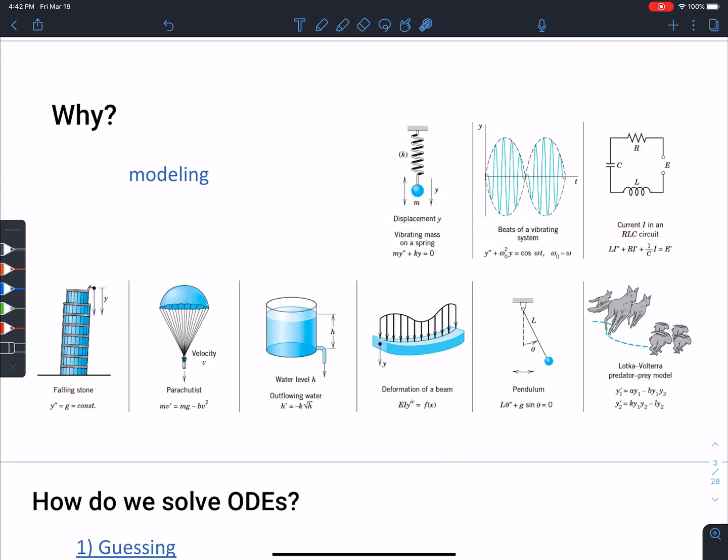And here I have several examples of physical systems that can be modeled by ordinary differential equations. Starting from the spring and mass system, where we're interested to know the position of this mass as a function of time, and through the balance of force technique, we can understand this position as a function of the velocity and acceleration of the position, right?